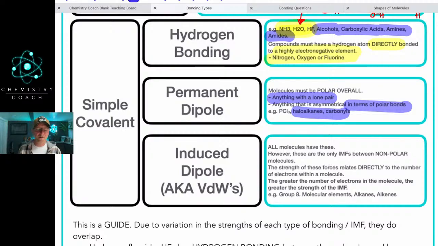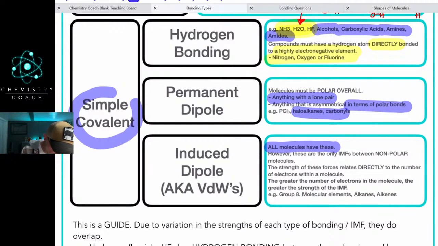Now, the first statement is the most important one. I don't know whether you knew this, been told this, realized this, but all simple covalent molecules have these. Like in water, we say water's got hydrogen bonding. Yeah, it does. That's the strongest intermolecular force it has, but it's also got induced dipole forces.